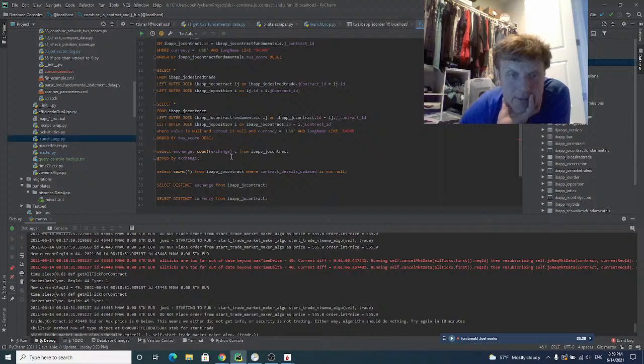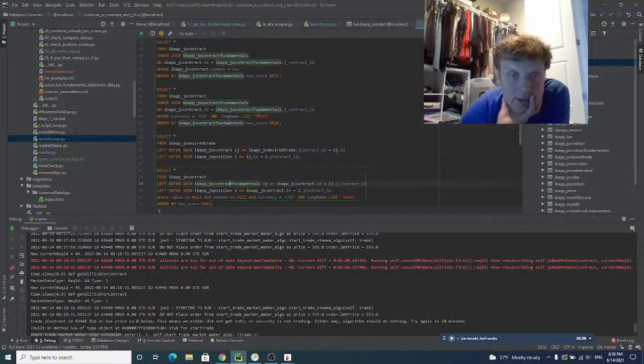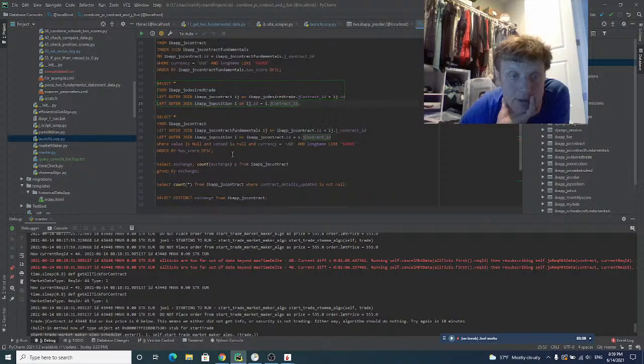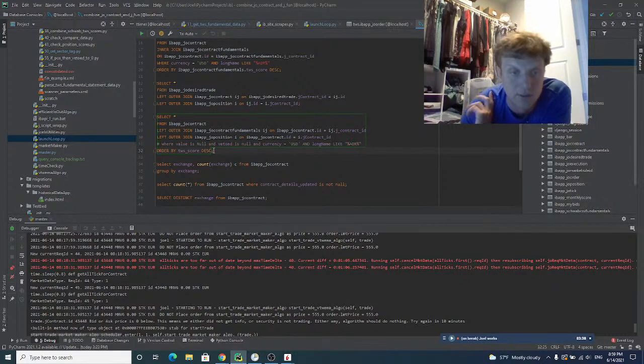Let's see here. This will combine everything and sort by score, but that's not the one I want yet. Contract position. Which one will go by score? This one, I think. Okay, this one will give it to me by score, descending.